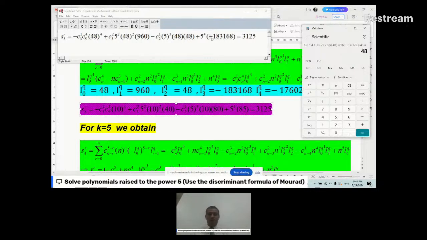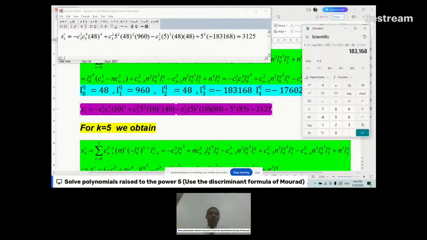I will put the negative sign in front of the index form here. I would just write negative 5 raised to the power 4, which is 625, times 183,168.